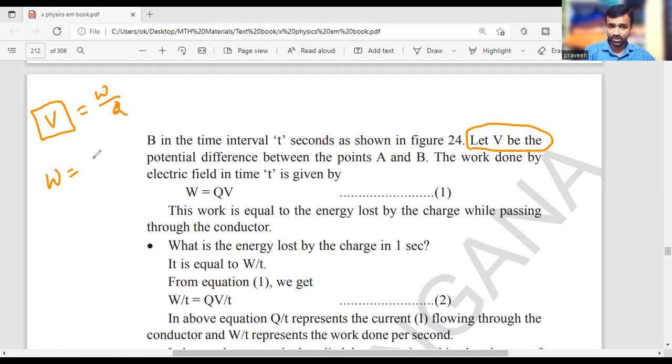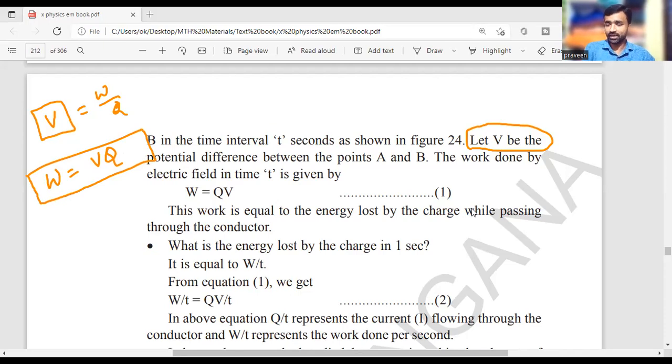So here transposing V into Q, we are able to write W is the work done on charge to move it from one end to the other end, right? So W is given as, right? Here, simply the product of voltage and charge, the product of voltage and charge, right?